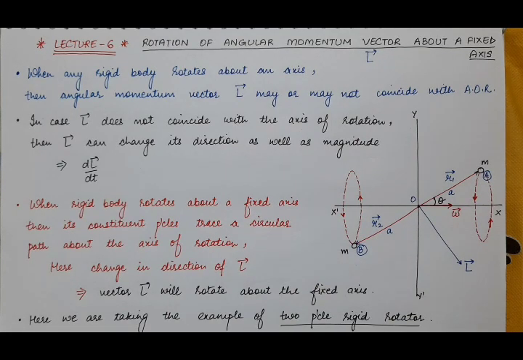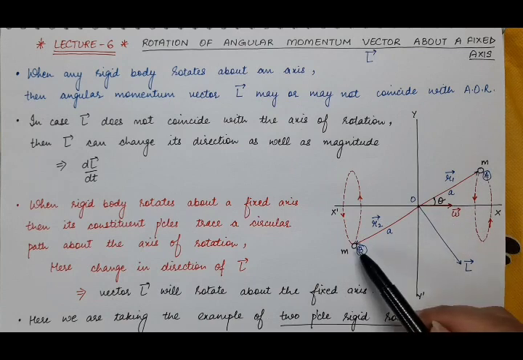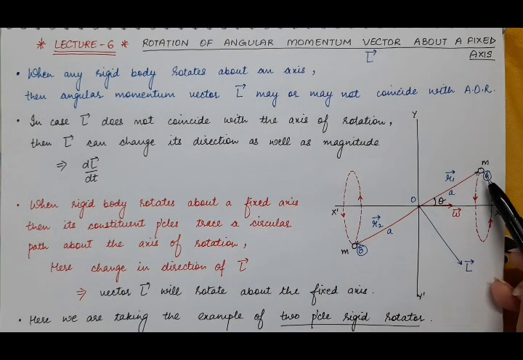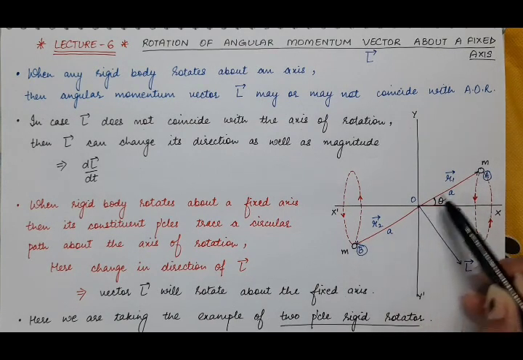So here we are taking the example of a two particle rigid rotator. And what is this two particle rigid rotator? It is actually the combination of two equal masses which are joined by a massless rod.